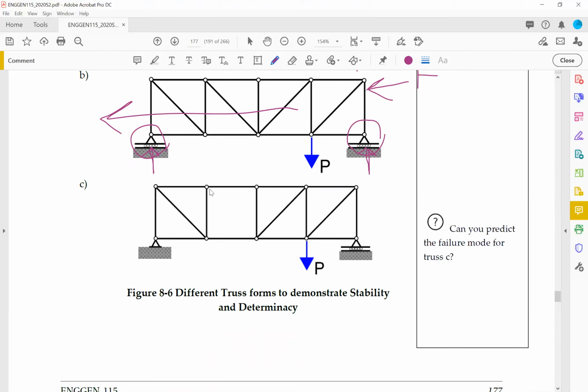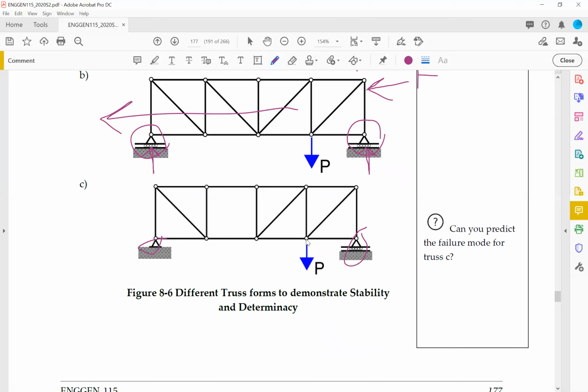As you can see, we have a square. And as you know, squares are unstable. But why? Let's have a look at load P, and let's consider how load P is transferred through to each of these supports.